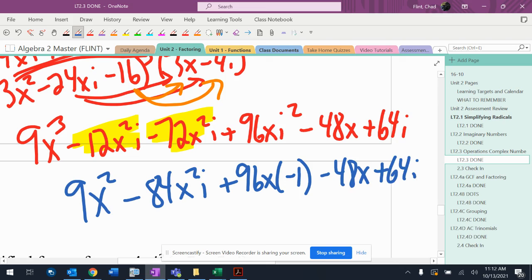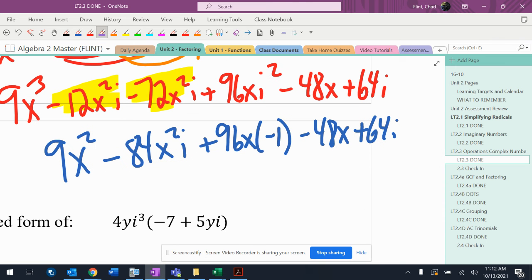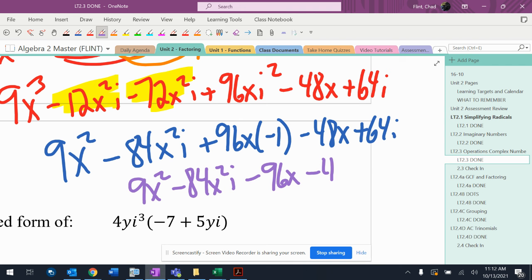All right, so that's 9x squared minus 84x squared i minus 96x minus 48x plus 64i.